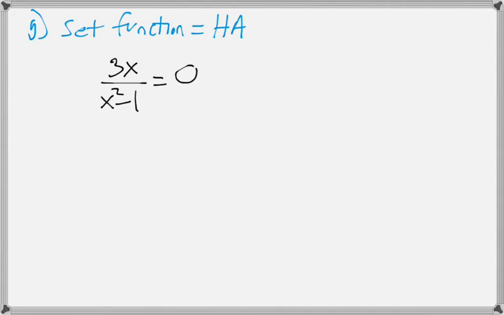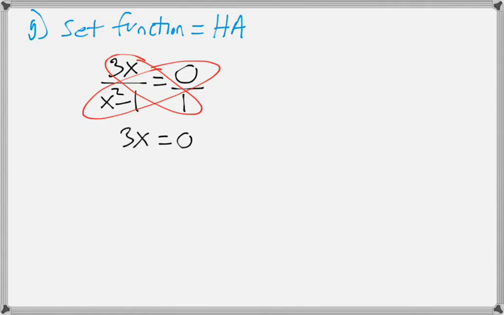When I solve this, I like to solve it like a proportion, which means we need two fractions, and any whole number we can put 1 underneath it, even 0. So if I solve it like a proportion, I'm cross multiplying. So 0 times x squared minus 1 is just 0. 1 times 3x is 3x. And then if we divide both sides by 3, we get x is equal to 0.